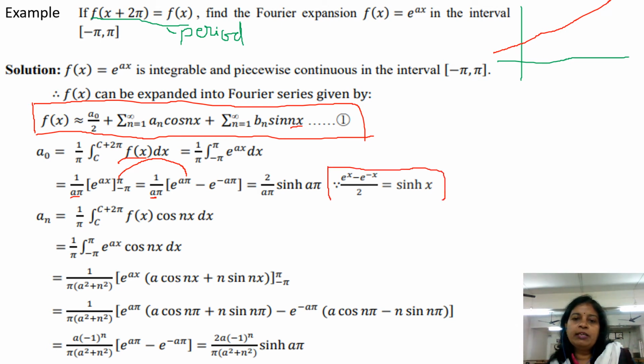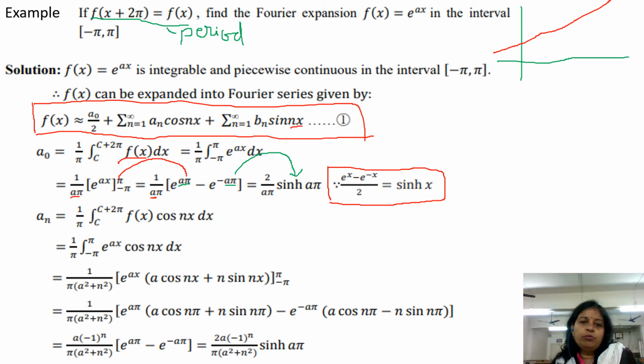And since we know that e to the power of x minus e to the power of minus x by 2 is nothing but sine hyperbolic x. Here we have e to the power of ax and e to the power of minus ax. Therefore, this will reduce to sine hyperbolic a pi.